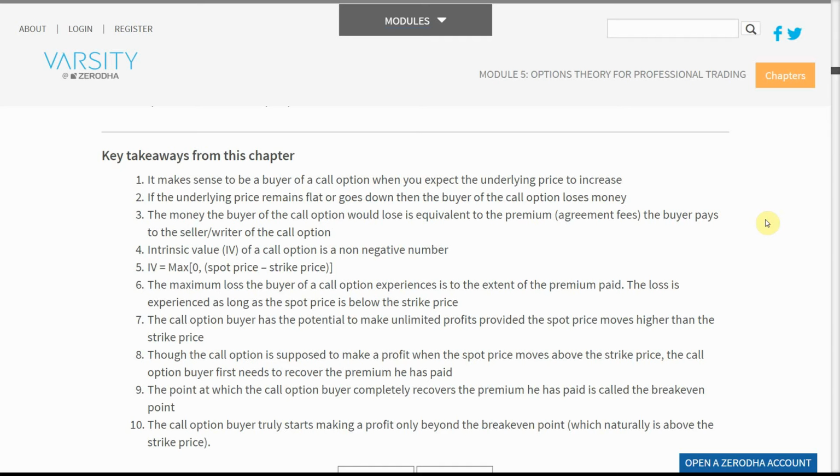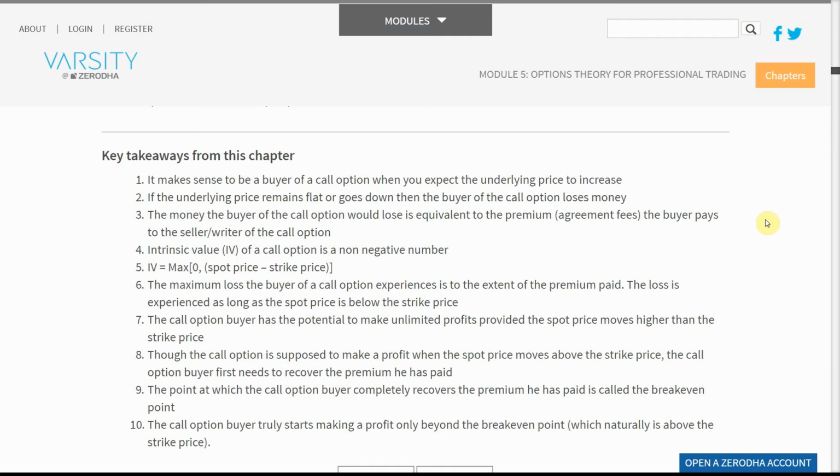The maximum loss the buyer of a call option experiences is to the extent of the premium paid. The loss is experienced as long as the spot price is below the strike price. The call option buyer has the potential to make unlimited profits provided the spot price moves higher than the strike price. Though the call option is supposed to make a profit when the spot price moves above the strike price, the call option buyer first needs to recover the premium he has paid.